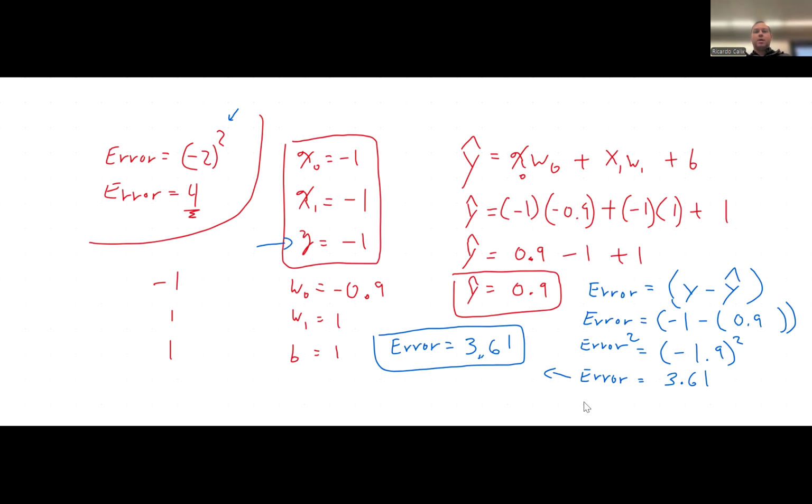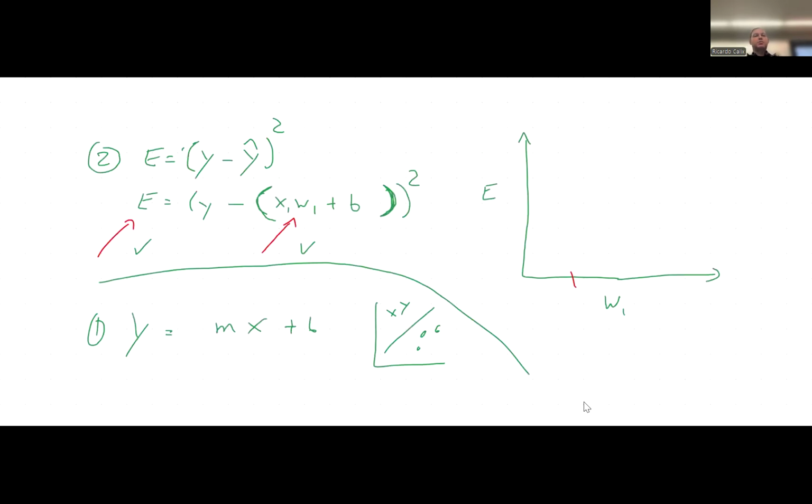Here, as me plotting, so I have this, right? The relationship between E and the W. So if I give you W1, what was it? Minus 1 for W1, what was the value? 4? Right? Do you see that?